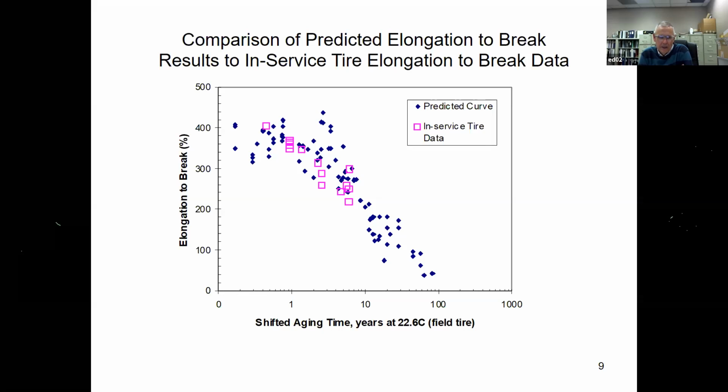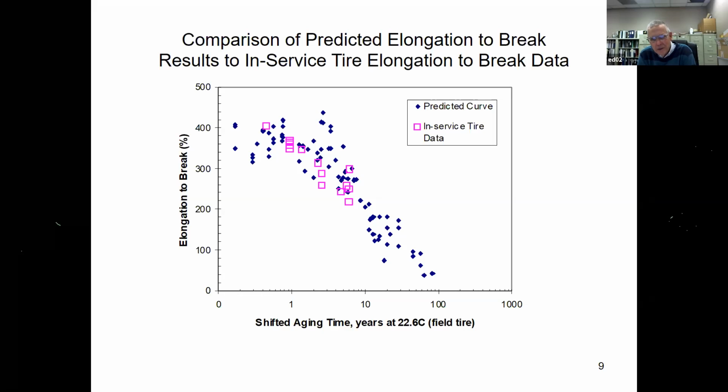It seemed like a quite sensitive metric for us, and it's representing the ability of the tire to resist crack propagation.